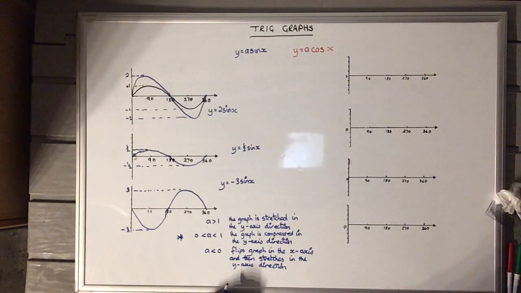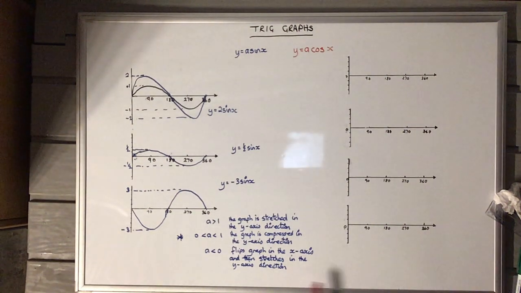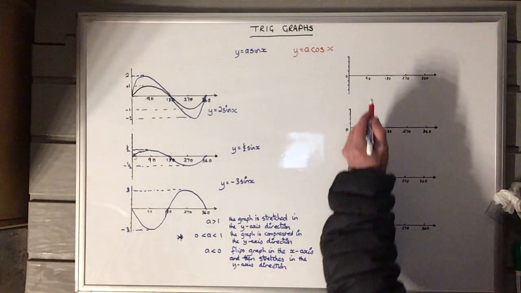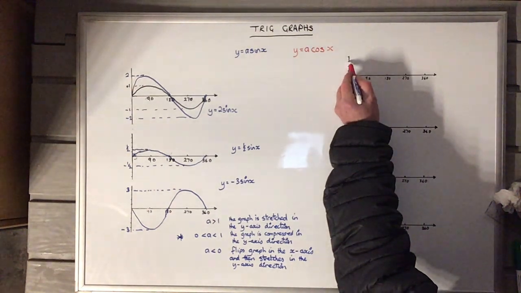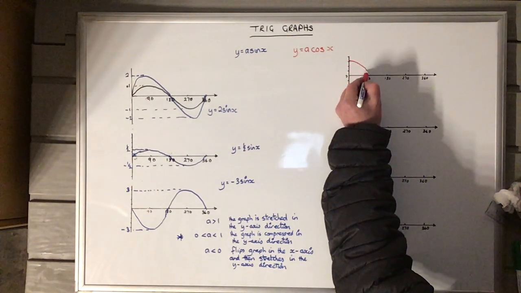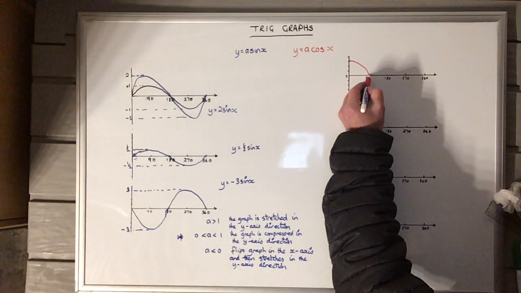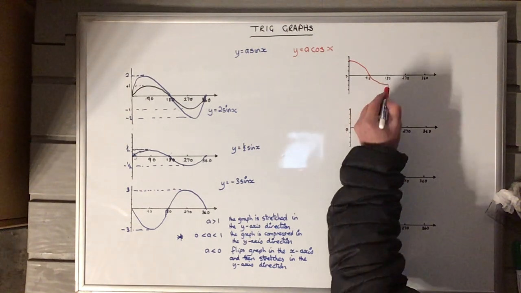In the cos graph, it's exactly the same idea. It's a different shape of graph, but these rules apply, and as I say, they apply to any graph, so it doesn't have to be a cos graph. So I'm just going to do a couple of them. So let's get a standard cos graph. A standard cos graph goes down to 0 at 90 degrees and then -1.